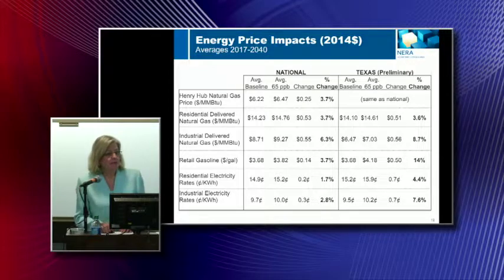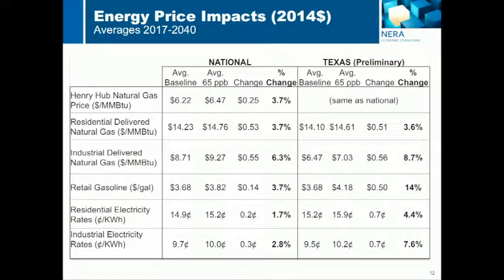Energy price impacts. So let's step back from things that people think of as macroeconomic level impacts, but things that are actually in some ways more real to the average person. And energy price impacts are fairly important in this rule, it turns out. What we see is at the national level, changes that are not insubstantial, particularly in gas prices and gasoline prices.